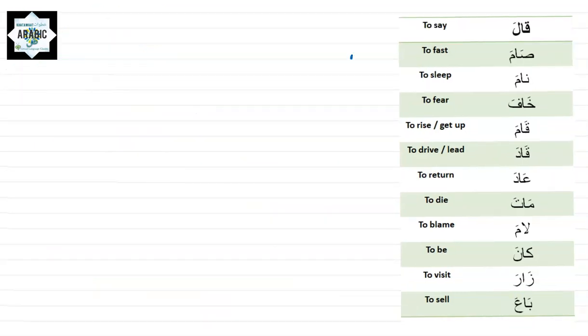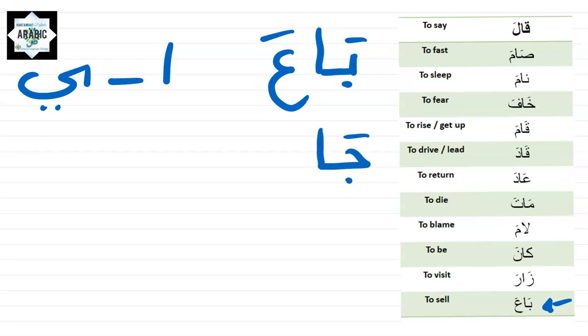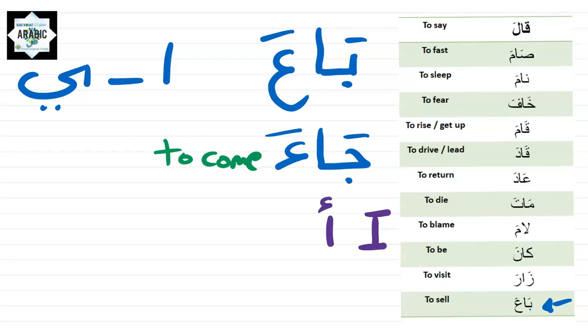So like the example we've seen with باع, what we do is we place باع over here, and then we can think of another verb that shares the exact same pattern when you change it from alif to ya in the verb conjugation. So the verb I'm thinking about is جاء, to come. All I have to do, like we did with the other verbs, is determine the I conjugation, which is أنا.